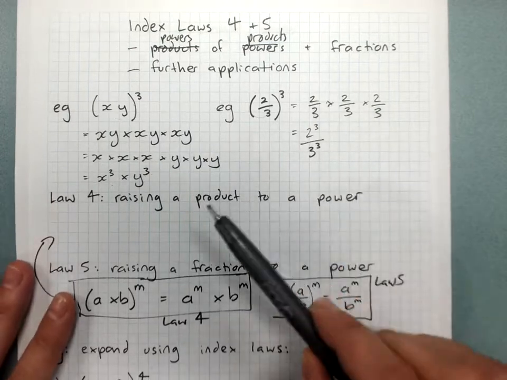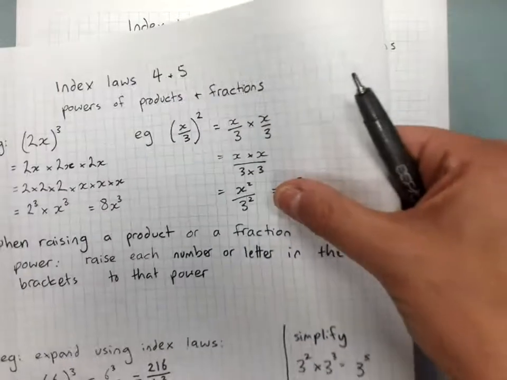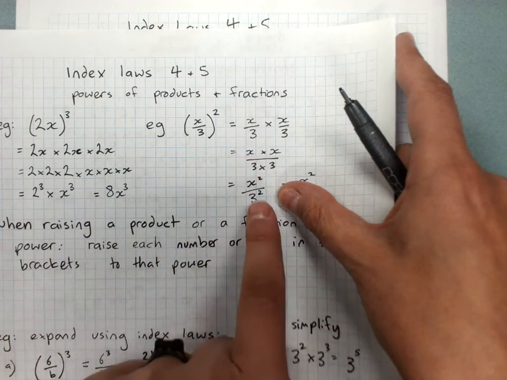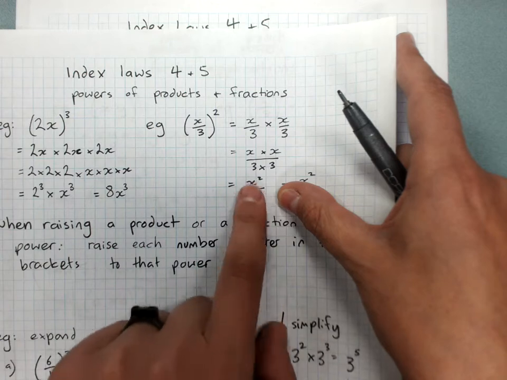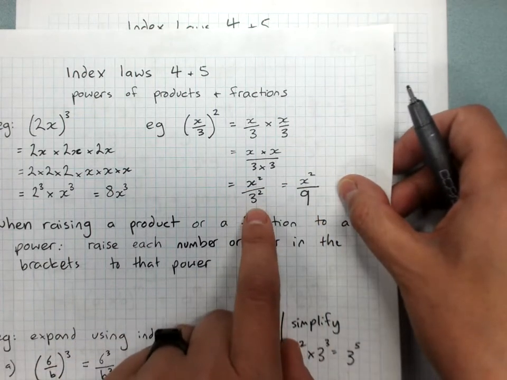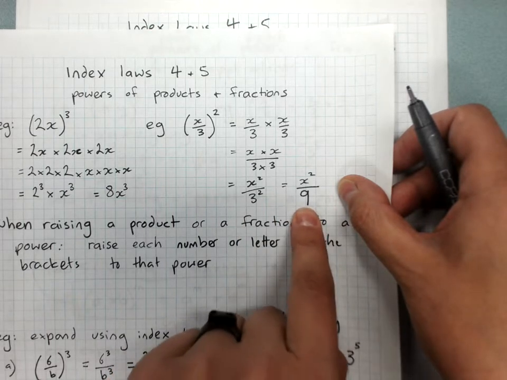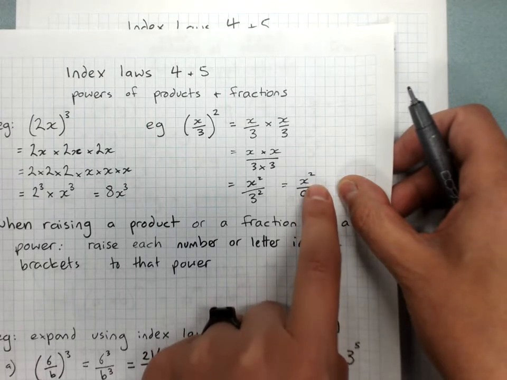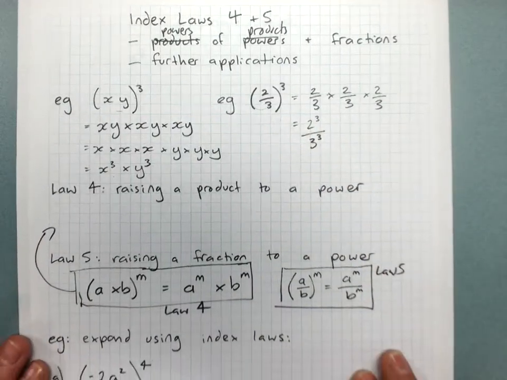If I end up with numbers and letters in my answer, such as when I expanded x over 3 squared, and I've got a power of a letter and a power of a number, then it is most correct to take your power of any numbers into its evaluated basic number form and leave your letters in index form, because of course there's nothing else you can do. So I'll talk about that little characteristic a bit later on.